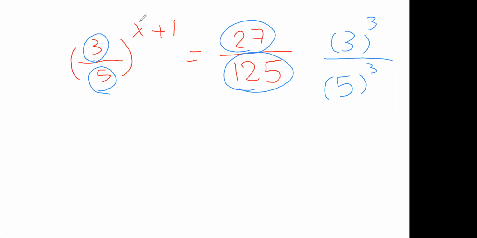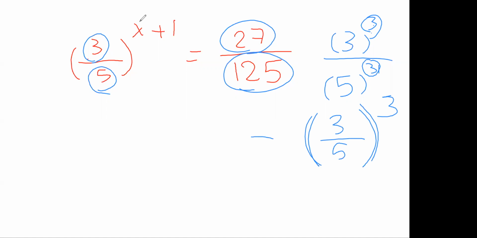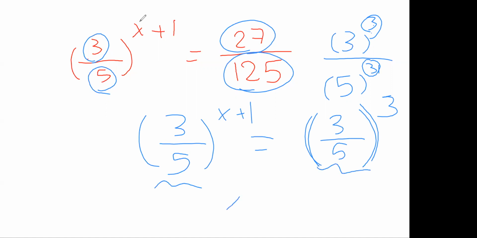So now if I combine these two powers, it is exactly 3 over 5 power 3. I can put the power on the whole fraction, or I can distribute it like this. So 3 over 5, and this one was 3 over 5 power x plus 1. The bases now are equal, so the powers are equal, so x equals 2.